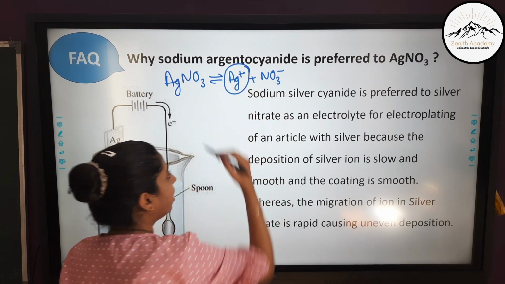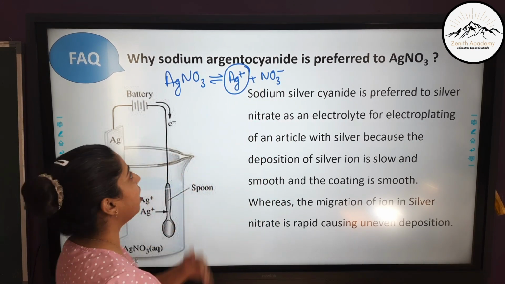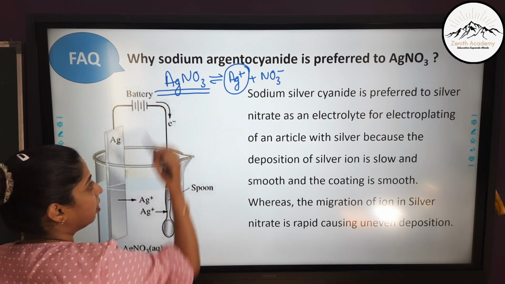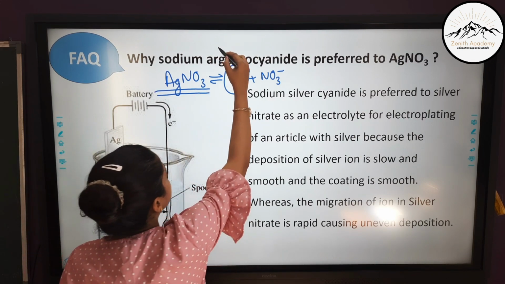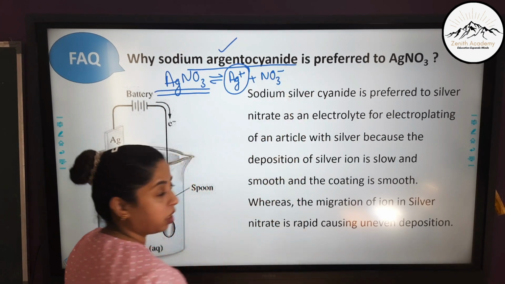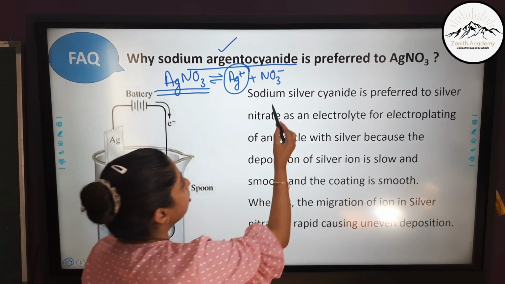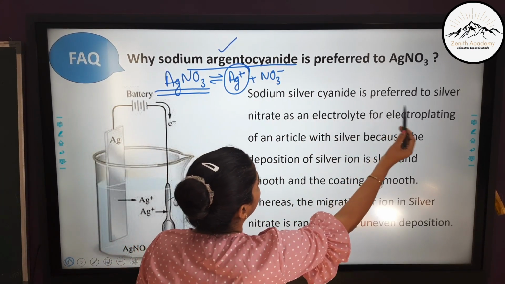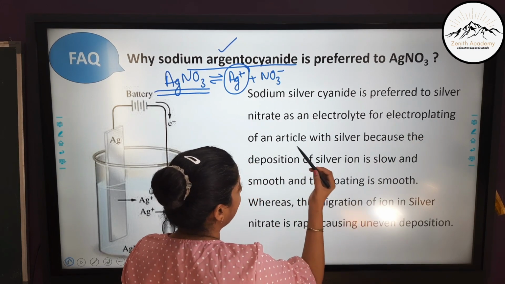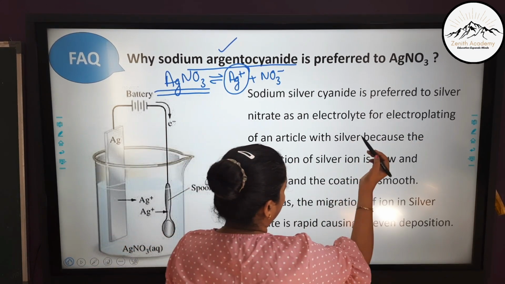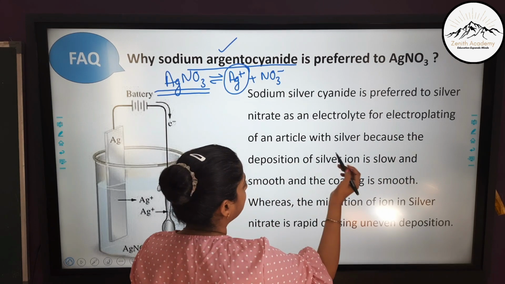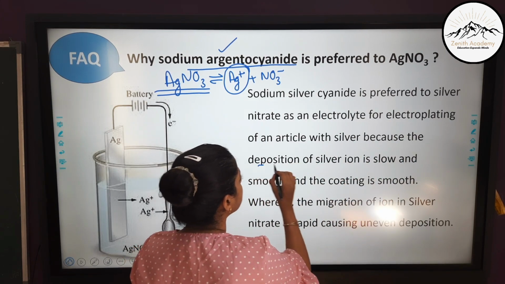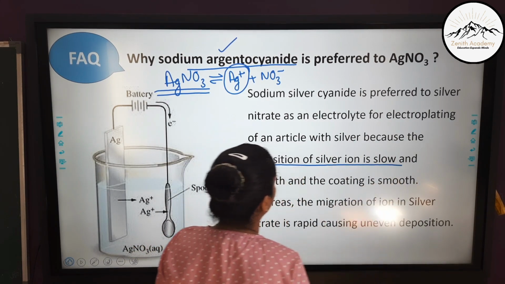So easily we are getting Ag+ ions, then why are we not using this as an electrolyte and why are we using sodium argentocyanide? Now the reason is sodium silver cyanide is preferred to silver nitrate as an electrolyte for electroplating of an article with silver, because deposition of silver ion is slow.